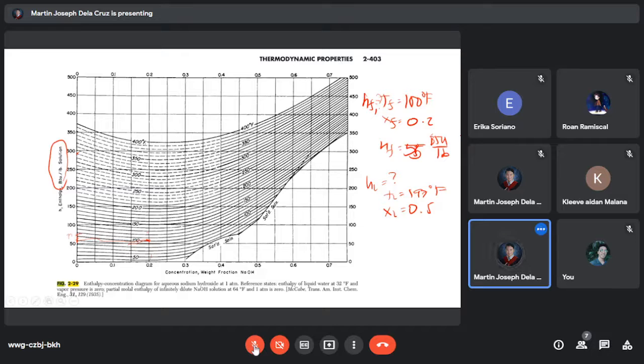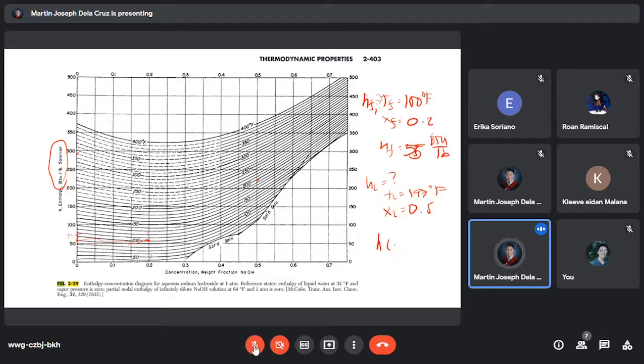Okay? How about ito, class? 197 and your 0.5. So, 0.5 is around here, 197. So, 190 ito. So, medyo magkadikit na sila ni dito, class. So, ano pong nakuha nyo? 220, sir. Okay, 220. Very good. Okay rin 220.